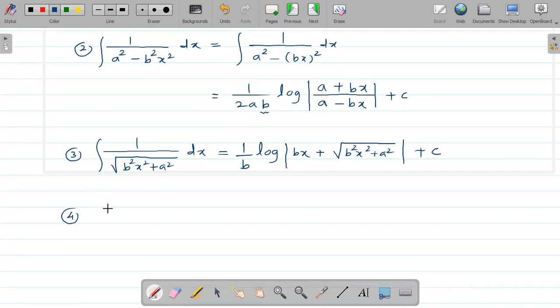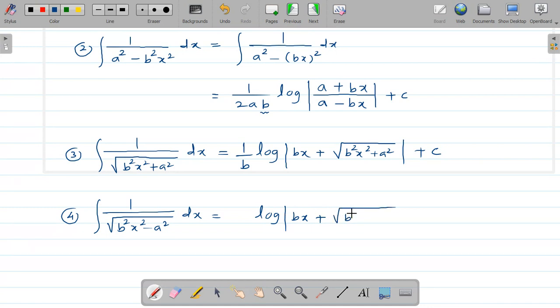And fourth one, if you want to write, then it will be 1 upon root of b square x square minus a square dx, that is we get log of modulus of, now b square x square means here we have to write bx plus root of the same b square x square minus a square plus constant, but as the coefficient of x is b, so we have to divide by b, means we have to multiply by 1 upon b.